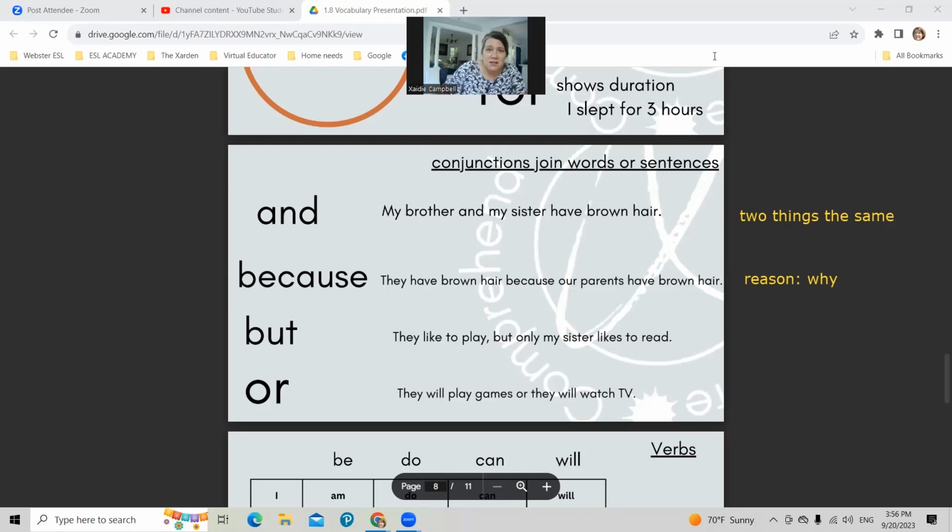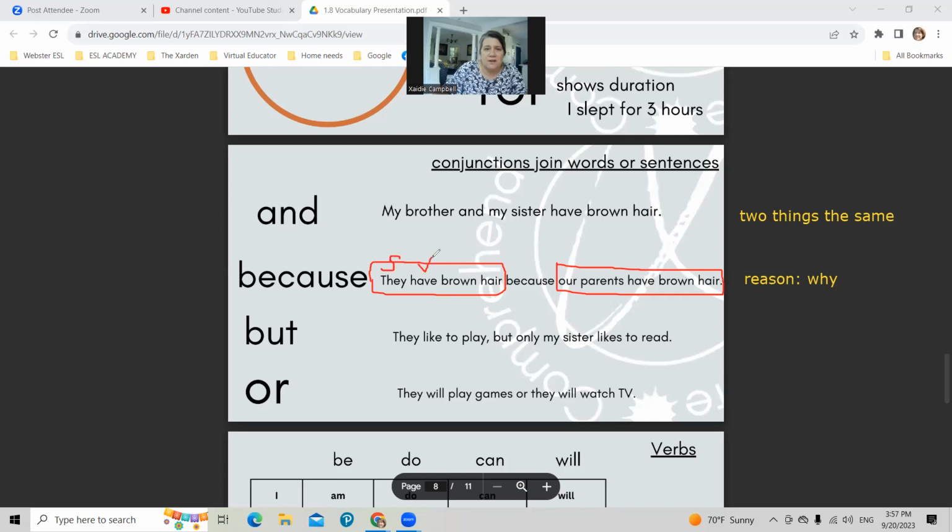Now, let's look kind of closely here. This is what I mean by complete sentences sticking together. So this sentence, they have brown hair. Here we have our subject.